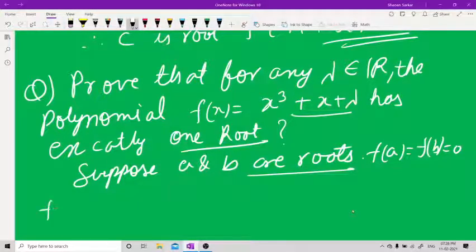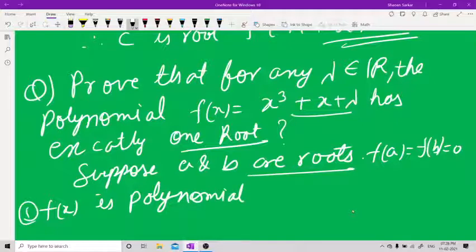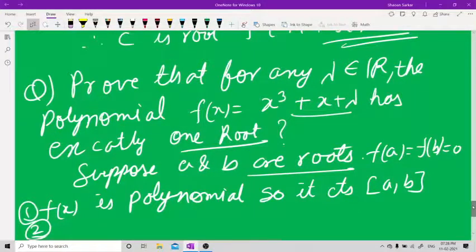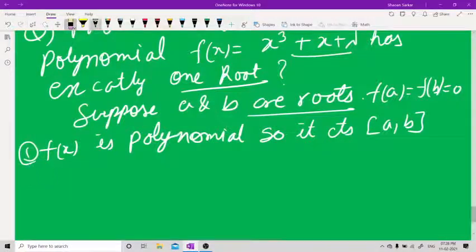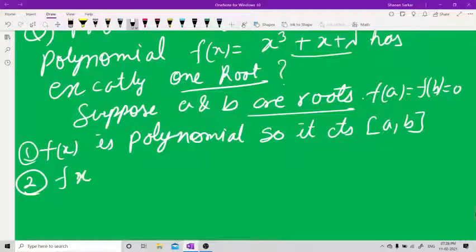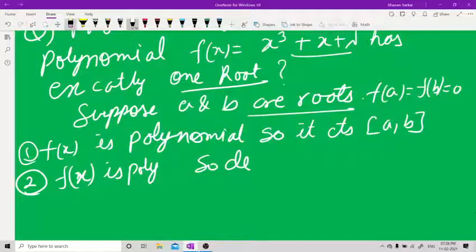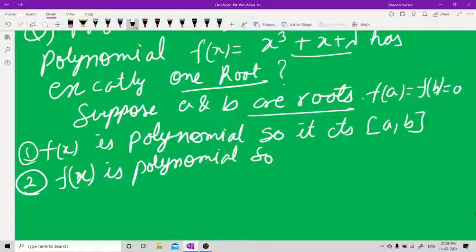Now see, f x, number 1 point, is a polynomial, hence it is continuous on A B. Second, f x is a polynomial, so it is derivable on open interval A B. Now I have already told that f A and f B are roots.